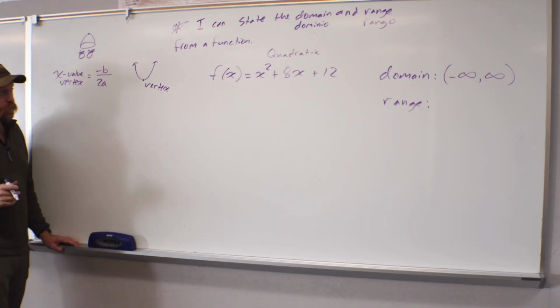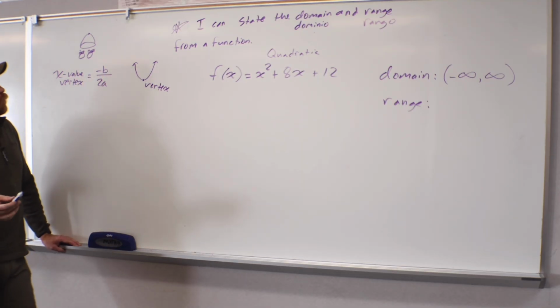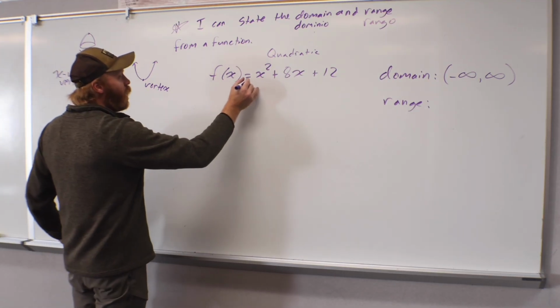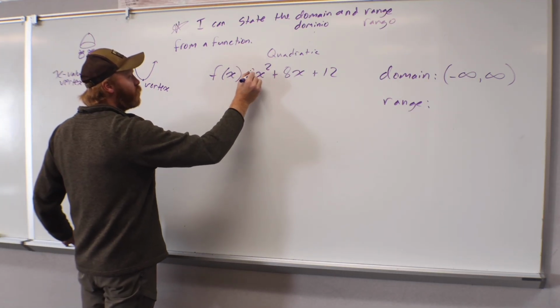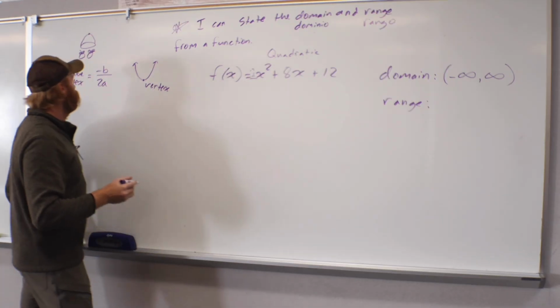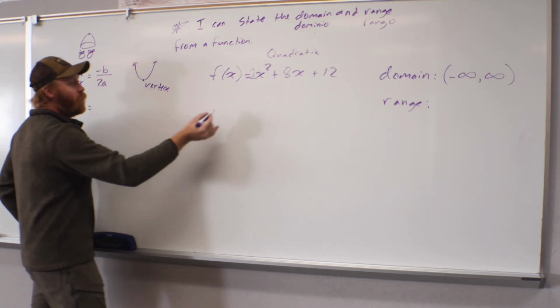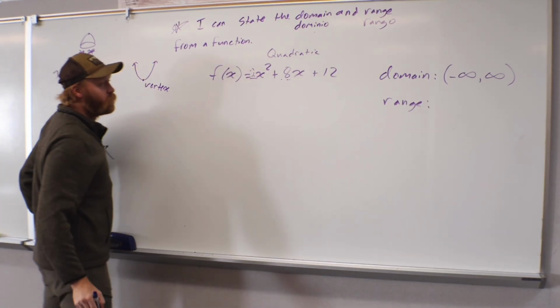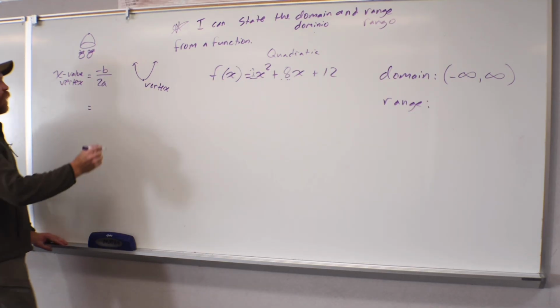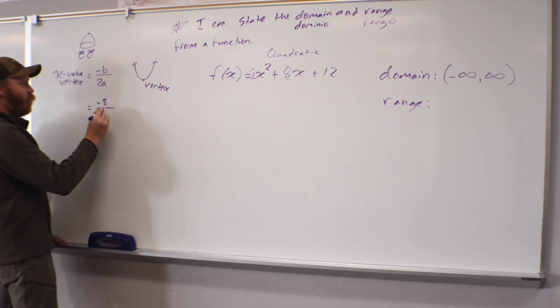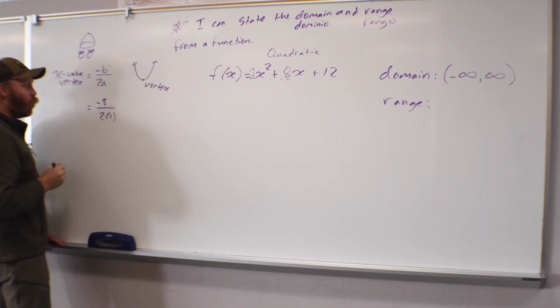And it's going to be our negative b over 2a. So with this equation, our a is going to be this invisible 1, and our b is going to be that number right in front of our x. So we're going to have negative 8 over 2 times 1.